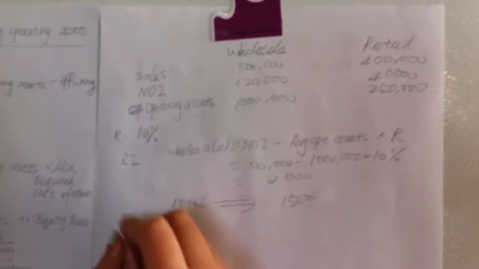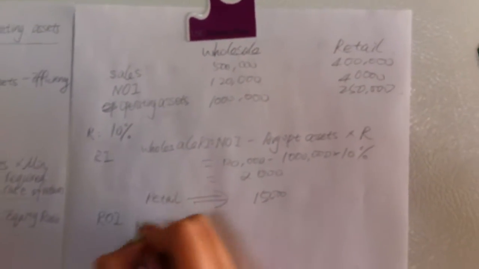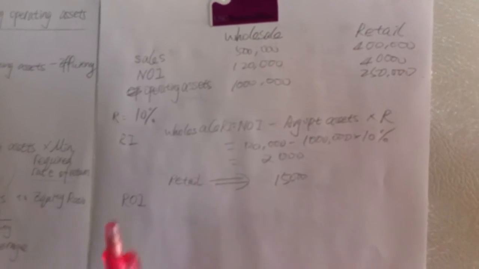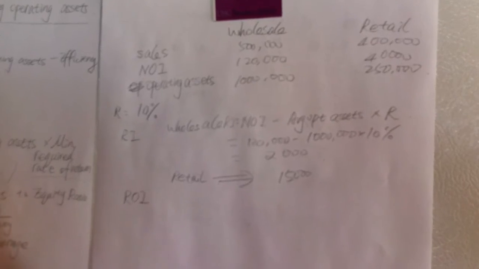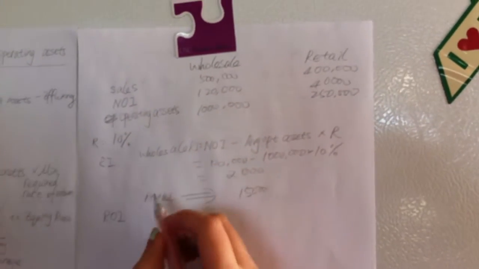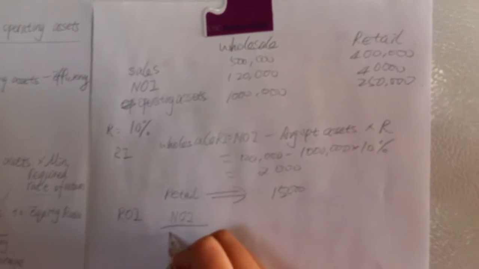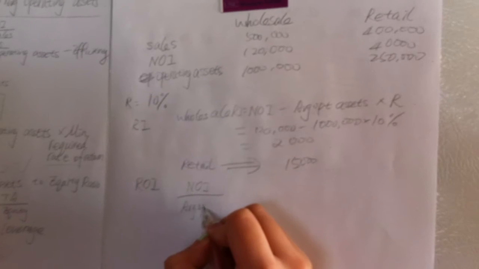Okay. So now if we look from ROI's perspective, to make things simple, we're not going to use PM times total asset turnover. We're going to use net operating income divided by average operating assets.